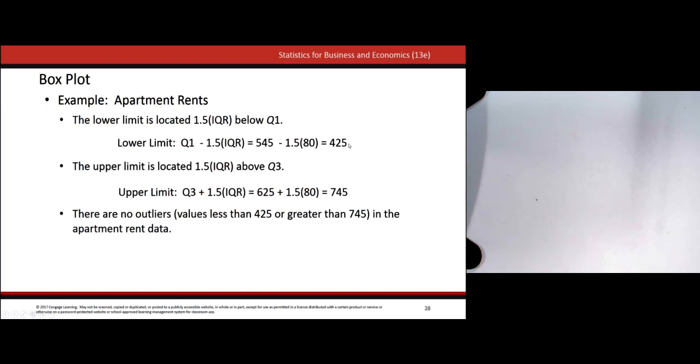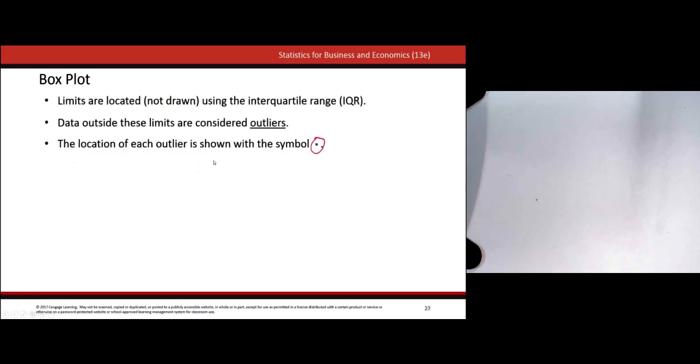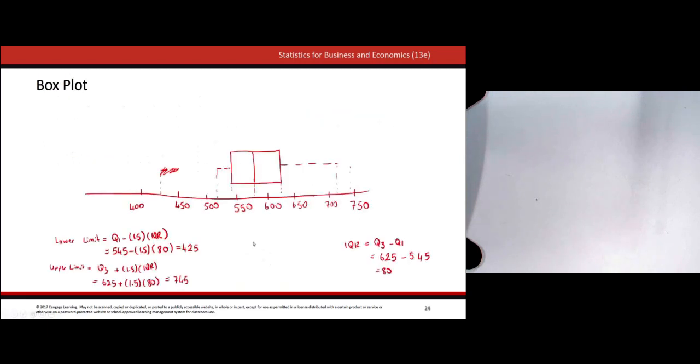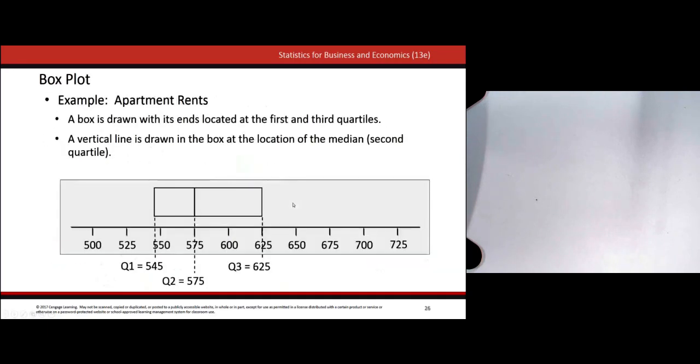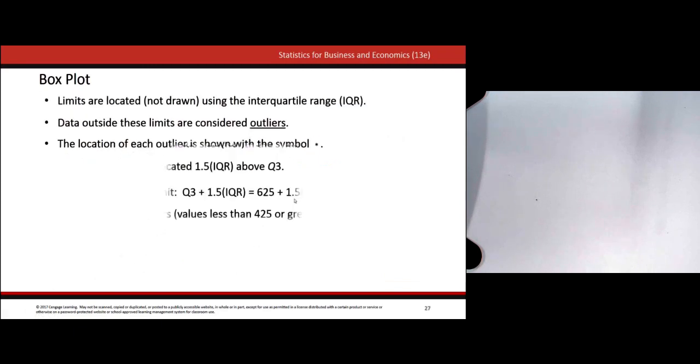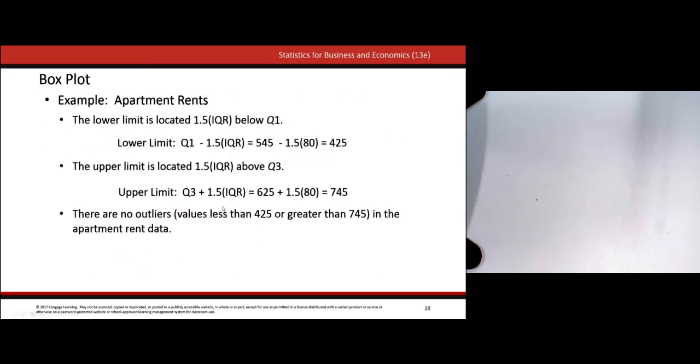Now the lower limit 425 and the upper limit 745. So the lower limit, first quartile minus 1.5 times interquartile range, is 425, and the upper limit, third quartile plus 1.5 times interquartile range, is 745.